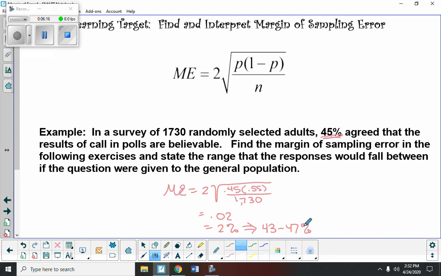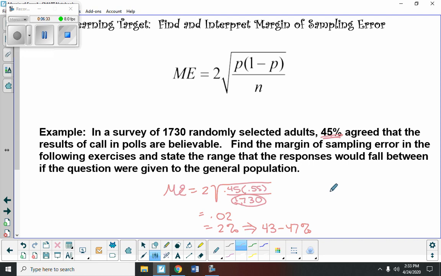Now, I just want to show you that to get a study with a smaller margin of error, you need to increase the number of people that are interviewed. That's going to give you a more accurate answer.